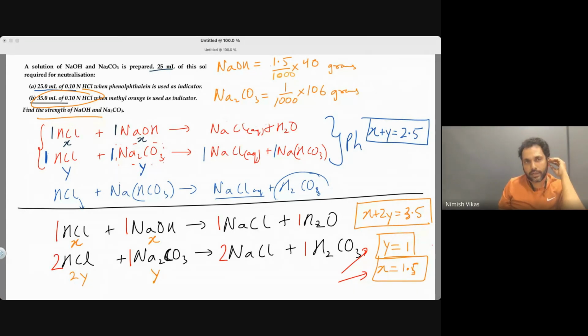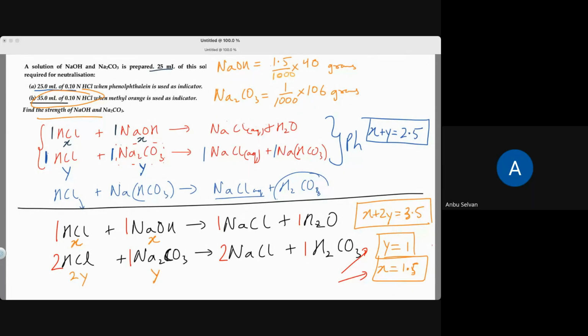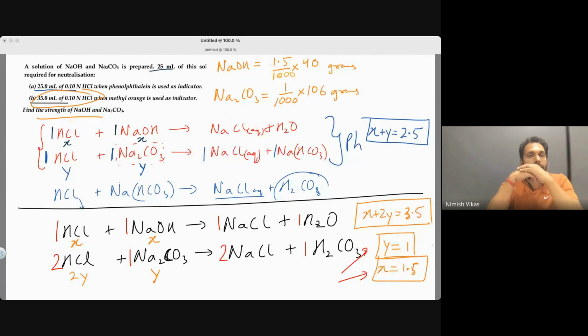We are adding 2.5 millimoles of HCl. 25 ml of 0.1 molar HCl means 2.5 millimoles of HCl. Okay. Why do you say 1 mole of HCl? Tell me.